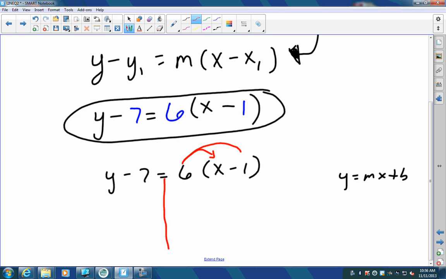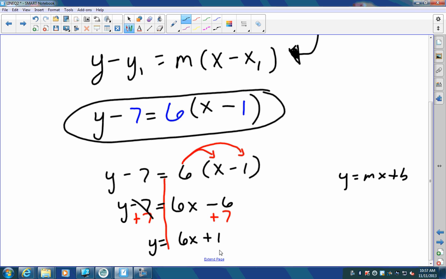So I'm going to take 6 times both of these numbers. So let's see, I've got y minus 7 equals 6 times x, 6x, 6 times negative 1, negative 6. Now I'm going to add 7 to each side. And I get y equals 6x plus 1.